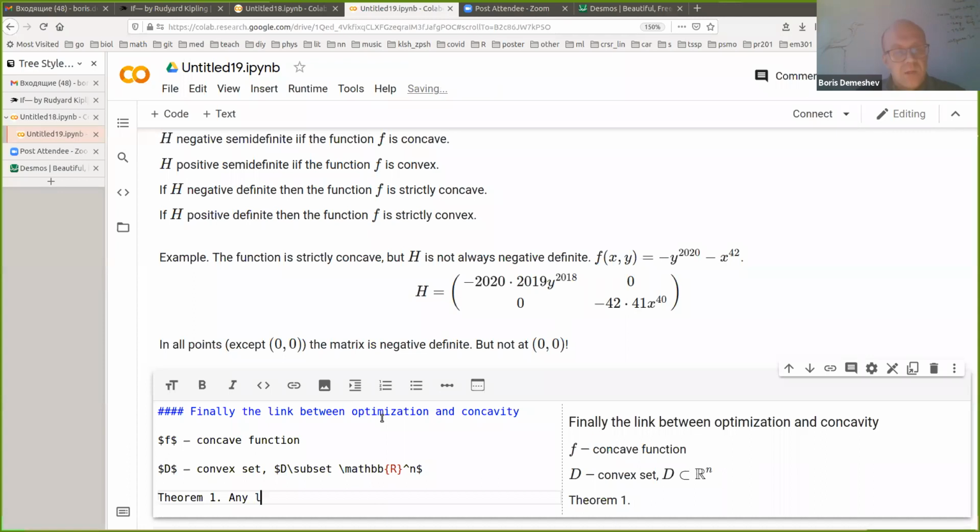Any local maximum is also a global maximum.